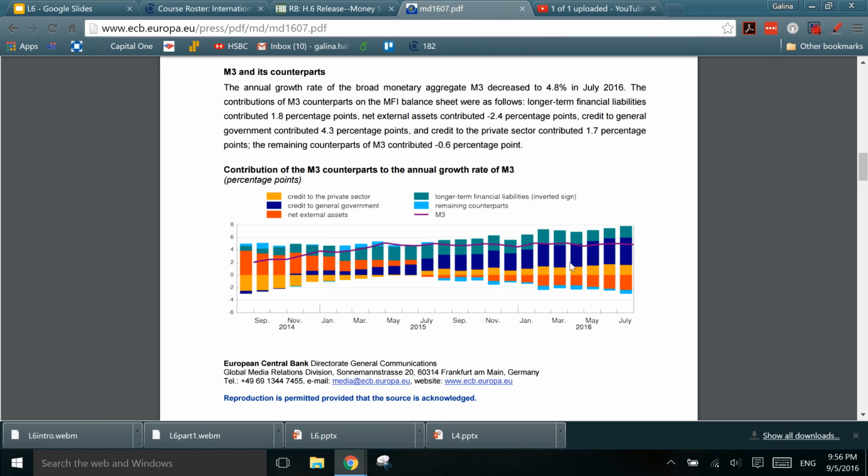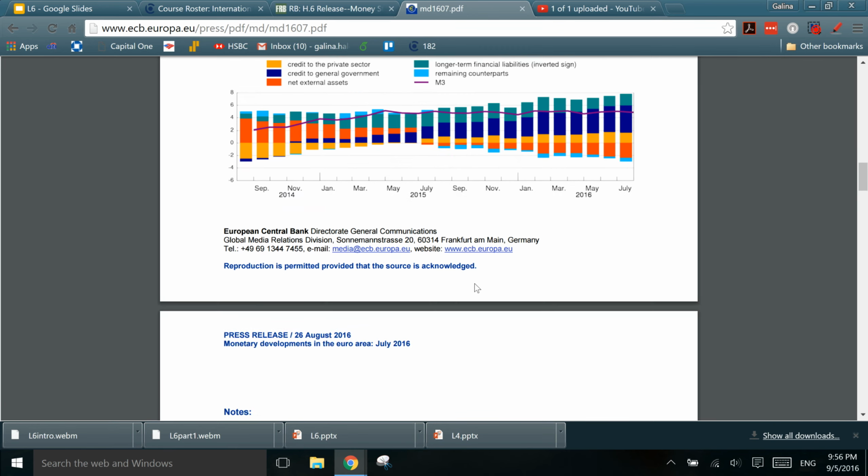And you can see that some of that is extended to private sector, which is yellow. And the blue part here is what is extended to general government. And the overall M3 is shown with this purple line. And net external assets, you can see for Europe, are actually negative. So there is lending to Europe that we observe, mostly this year, 2016.